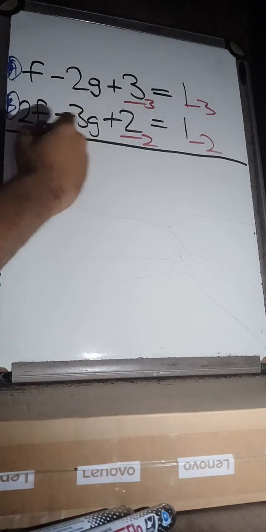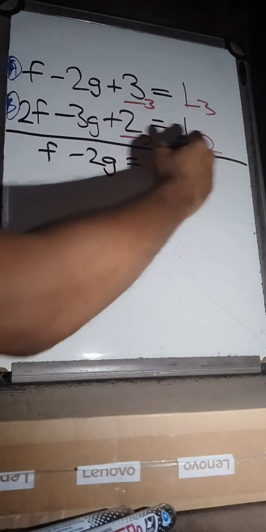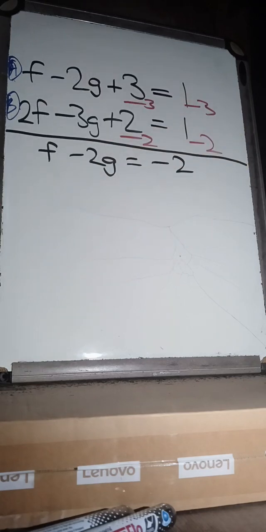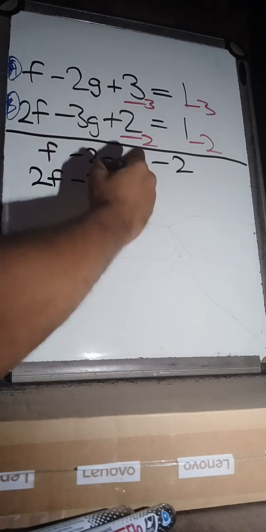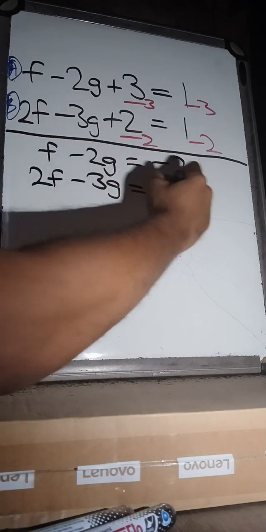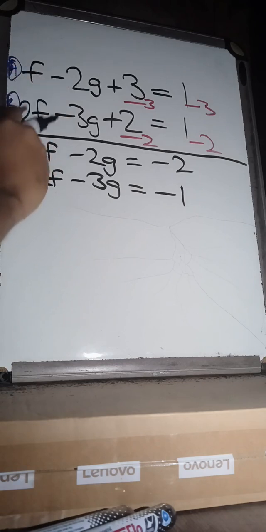So now we'd have f minus 2g is equal to minus 2. Then we'd have 2f minus 3g, that is equal to minus 1. Again, we have our line A and our line B.